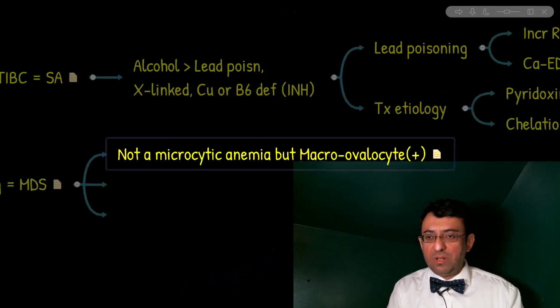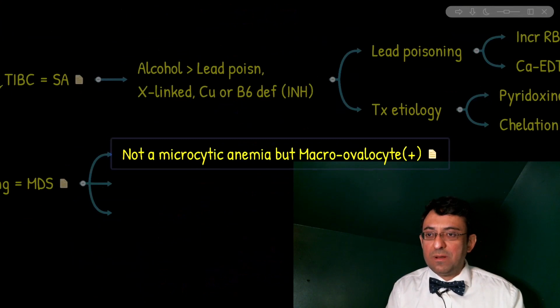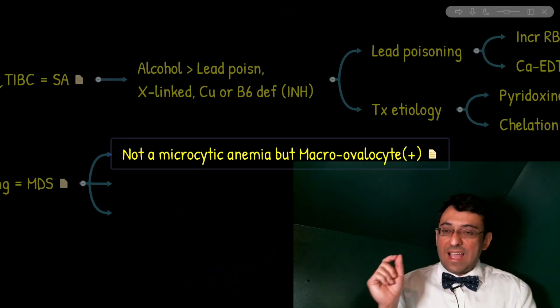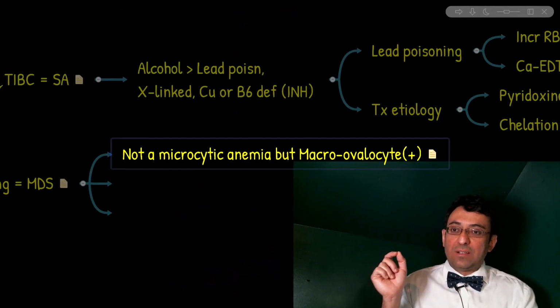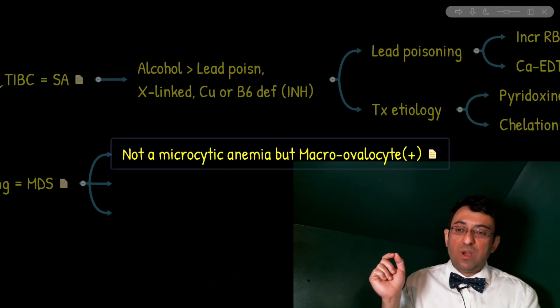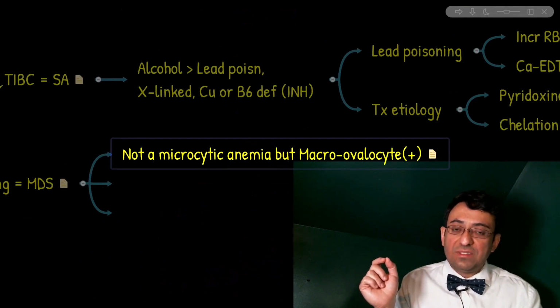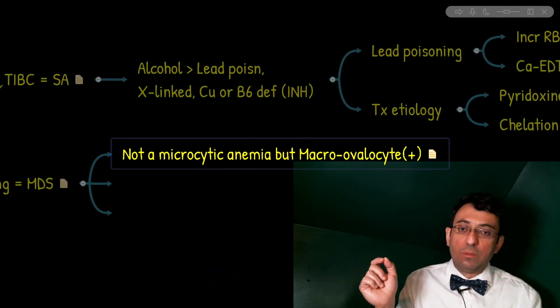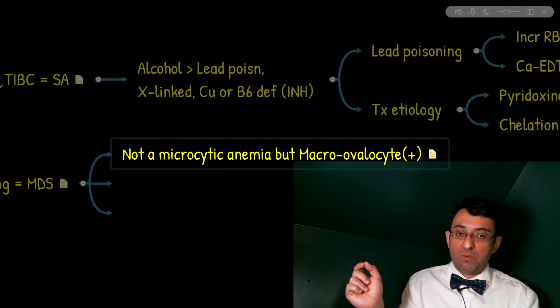Now, what's the formula of myelodysplastic syndrome? Well, hypercellular marrow plus cytopenias plus ring sideroblast and basophilic stippling and macro-ovalocytes. However, if you are asked what's the most specific PBS finding of myelodysplastic syndrome, do you remember what it was? It was the pseudo-Pelger-Huet abnormality of neutrophils with less than 3 lobes, or so-called bilobed polymorphonuclear cells.